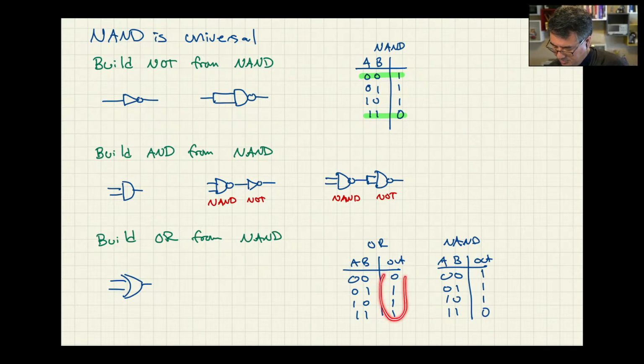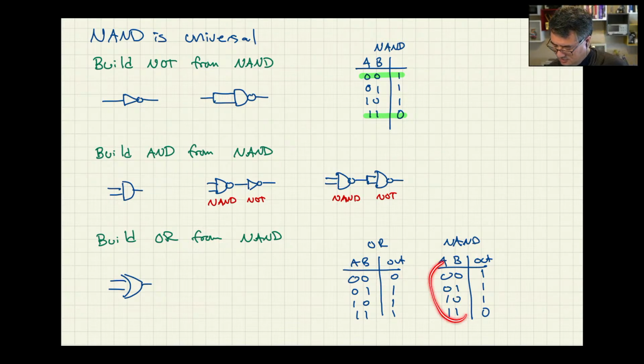And if you look at the output columns for OR and NAND, you can see that they are just flipped. The output for OR looks just like NAND, but it's upside down. And the way you flip a truth table over, just end for end, is to invert the inputs. So when you invert the inputs, the last row becomes the first row. The third row becomes the second row, the second row becomes the third row, and the first row becomes the last row.